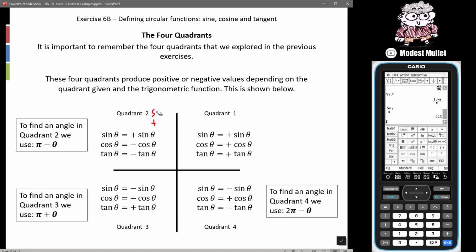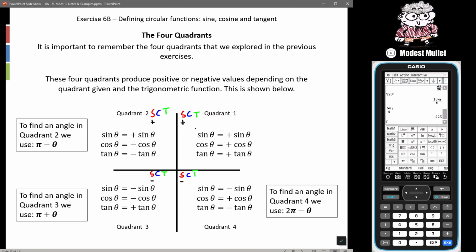So let's maybe make up a little key here. We might go sine, cos, and tan. So it just so happens that sine in quadrant 1 and 2, our y values are positive.